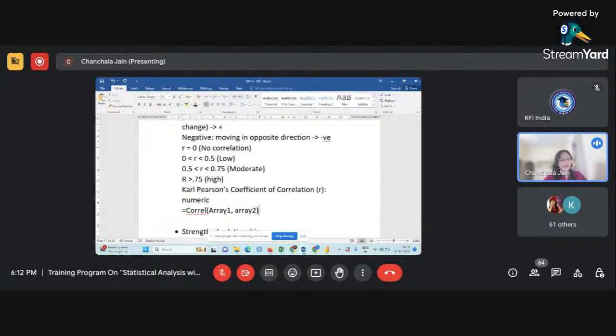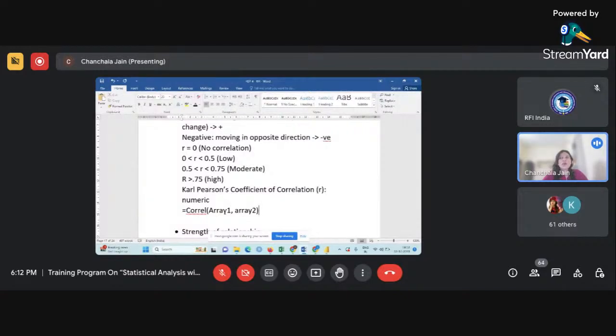This is one way. And the second way is using the Data Analysis tool: under the Data tab we can find the Analysis ToolPak, and that way we can apply the correlation, right? So these are the two ways to get the correlation.